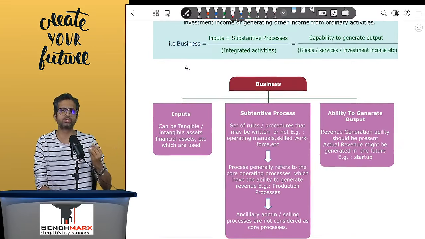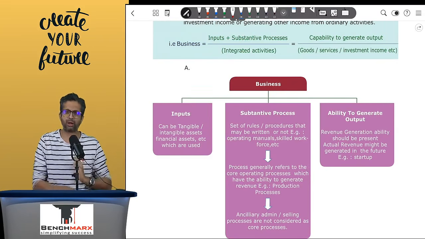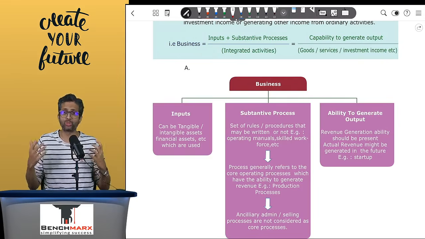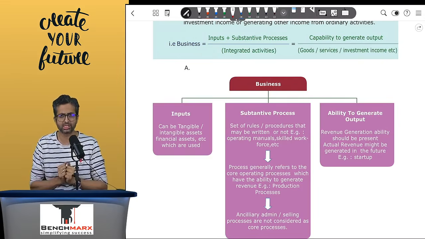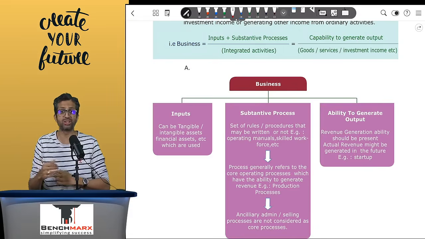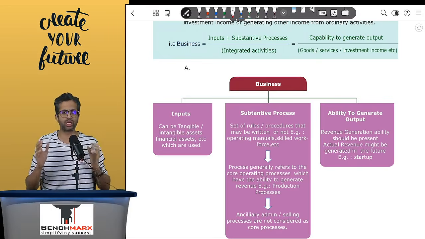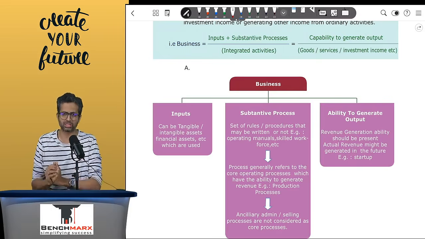Second, substantive processes, usually made up of an organized workforce, skilled manpower, along with documented or substantive critical processes. And third is the ability to generate output. It is possible that you may not actually have an output, like you might be a startup, but if you have the ability to generate output, that is also sufficient. So that is treated to be a business in general.